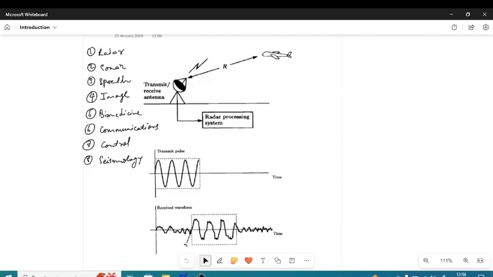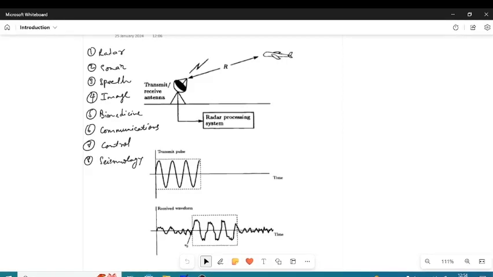So these are some of the applications, but there is a long list of applications of estimation theory. But we are going to discuss only the first three applications, that is radar, sonar, and speech. And we will discuss how estimation theory is going to help us in these three areas.